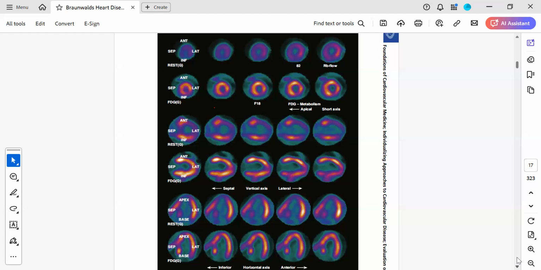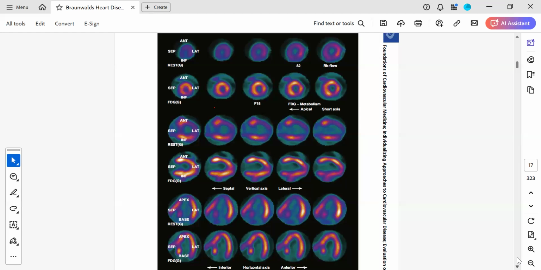So going back to our figure, when we look at the first two parts, we can see that the upper one is at rest. This is a short axis view where the first row is showing the rest part, while the lower one is where the radioisotope is being injected to match what is really happening at the upper part.